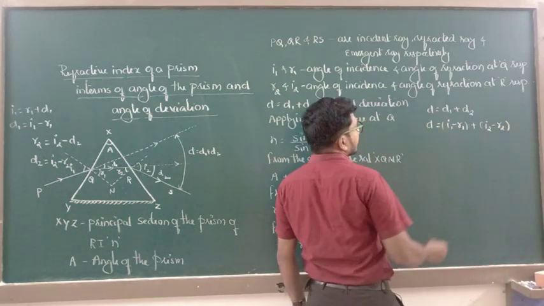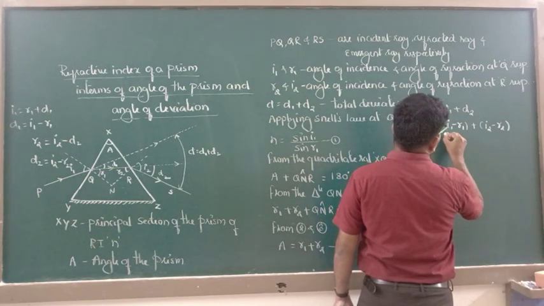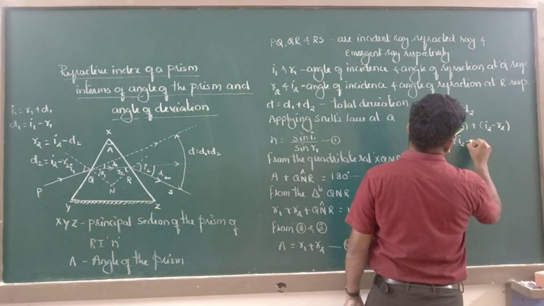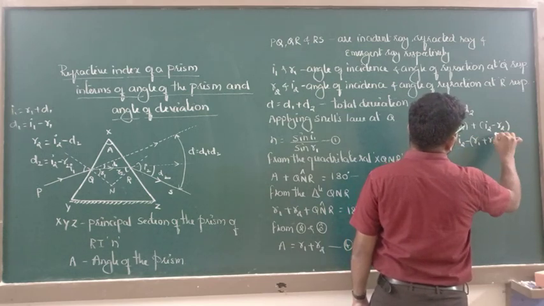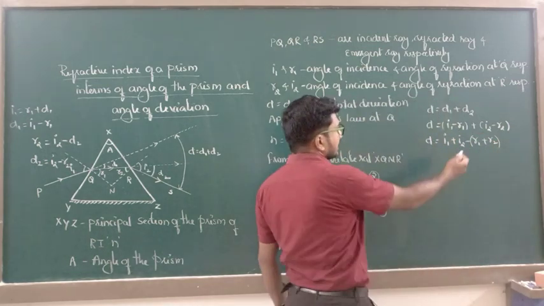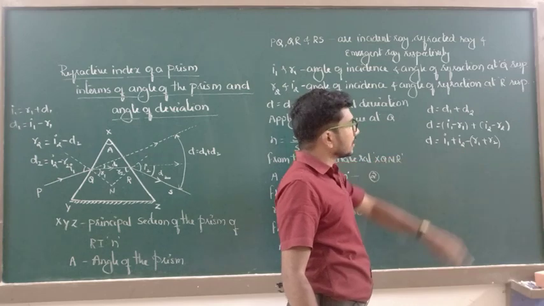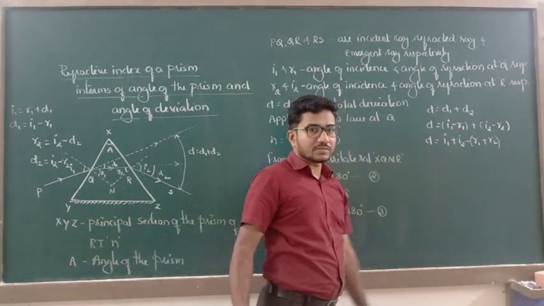Rearranging the terms, D is equal to I1 plus I2 minus R1 plus R2, taking the negative sign as a common factor. Again solving this, we will get the previous equation.